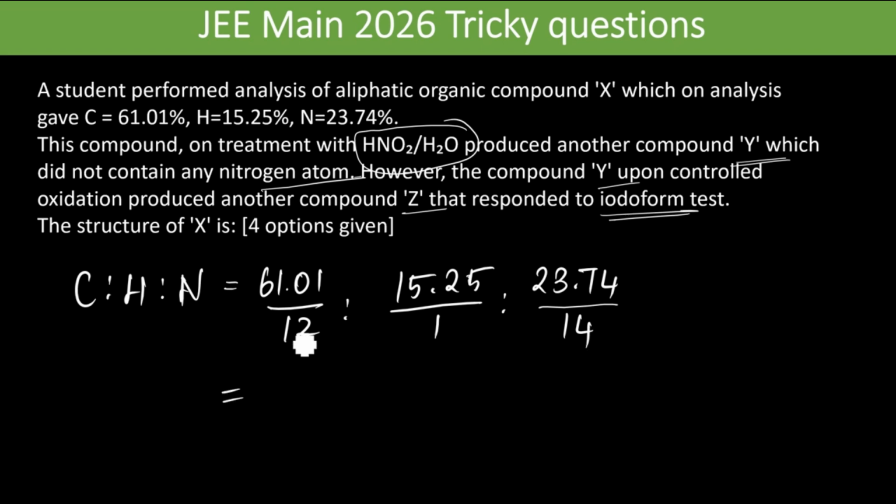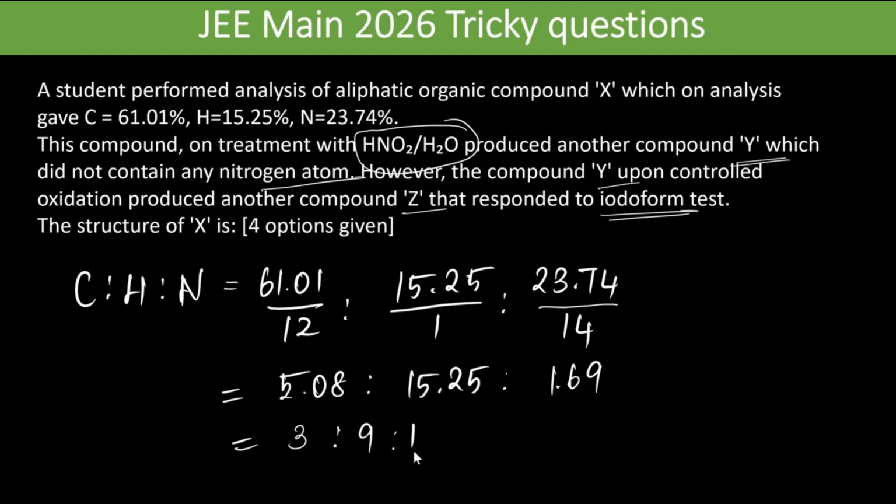So this will approximately give you 5 point something, this will be 15.25, and this will be less than 2, 1.69. So the least number is 1.69, which will give you the ratio 3:9:1. So C3H9N. So that is the formula.